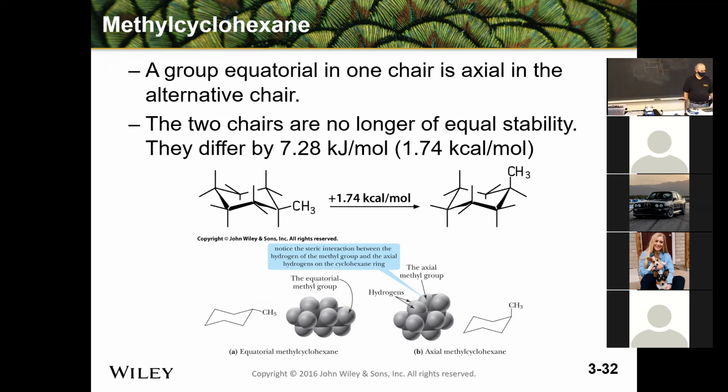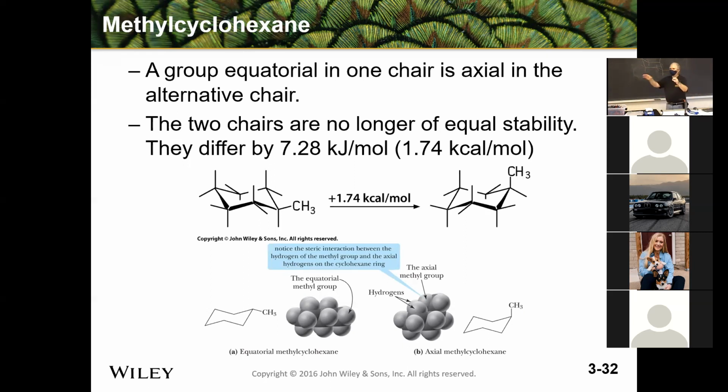Here we have methylcyclohexane. I can put this anywhere. The methyl interconverts between axial and equatorial. And this is an important point.